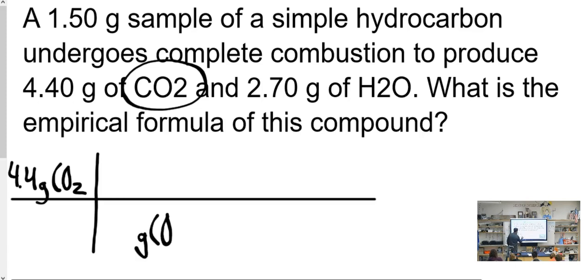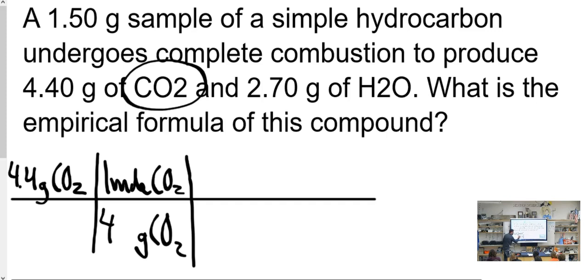Grams of CO2. And if we're writing grams, it's always per what? 1 mole of CO2. And if you add the mass of 1 C and 2 O's, it's 44 grams. Every time.